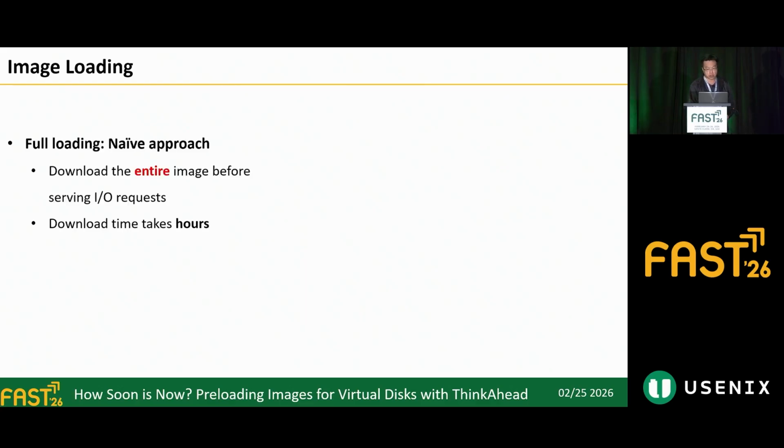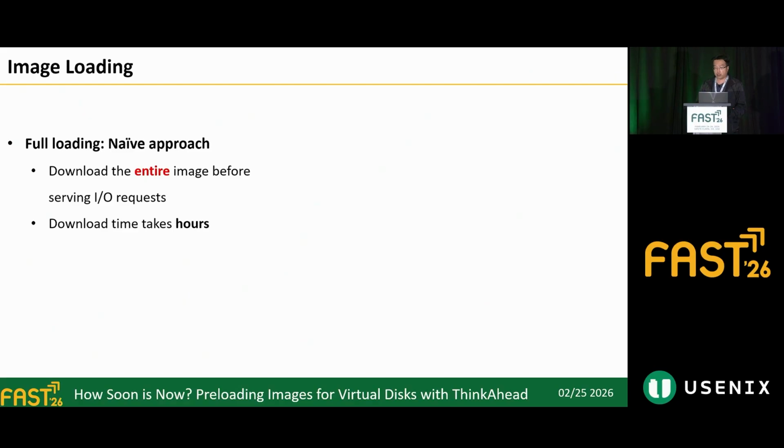One key operation in EBS here is image loading. When users want to create a virtual disk based on the image, it needs to download the images to the compute layer so that they can operate on the images. Now the naive approach is to simply download the entire image before serving the I/O request.